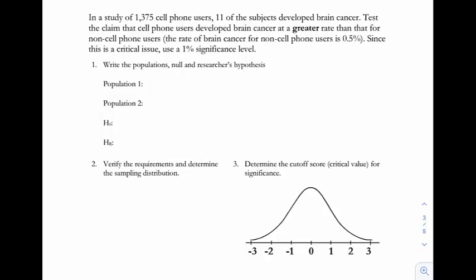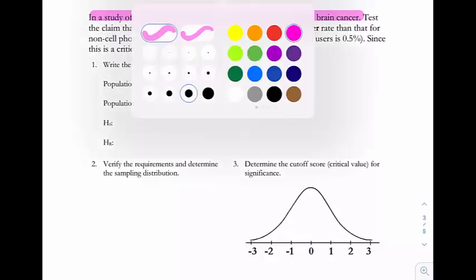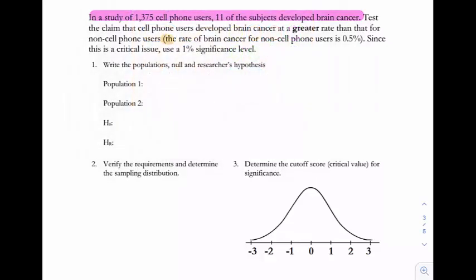Okay, population number 1, let's look at this first sentence. That's the sample. So the sample always targets, describes, is extracted from the experiment group there, population number 1. For population number 2, that's the claim. Go to the next sentence there.